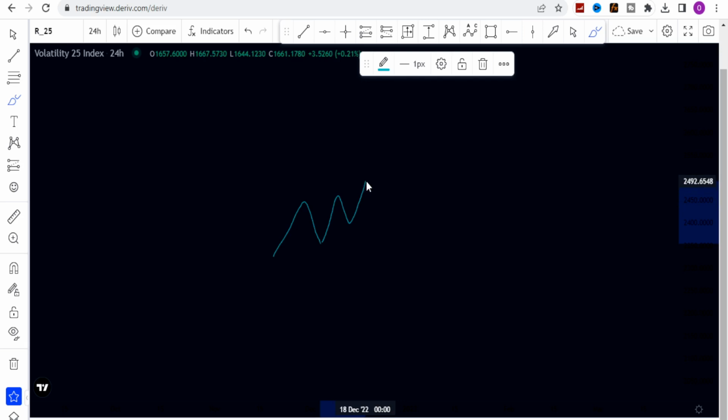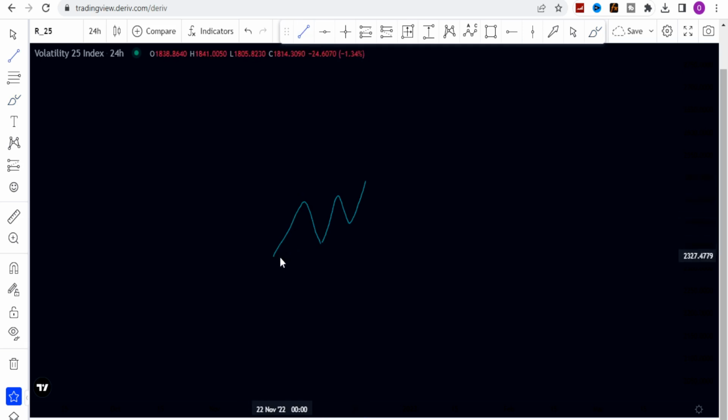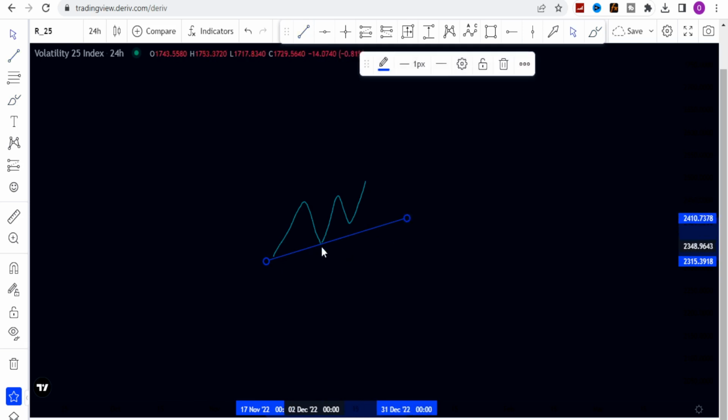Then what you are going to do right now is for you to wait. Once you spot something like this, this is something that you need to really pay attention to. When you pick your trend line and you draw something like this, all right, you will see that this is the same thing as what we discussed before.